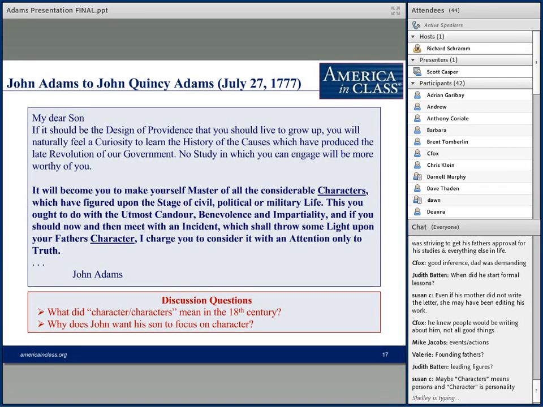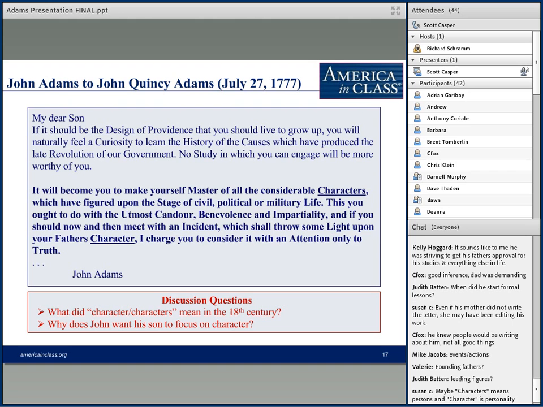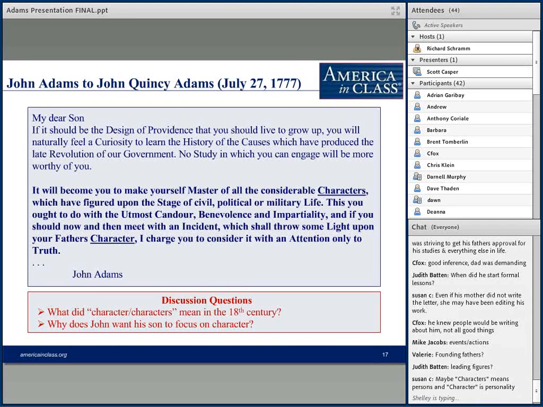Good division. Mm-hmm. I think many of you are moving toward a very important distinction. When we talk about somebody's character today, we are often talking about private traits, private qualities, the things you see when you get to know somebody very well, maybe apart from their public life.